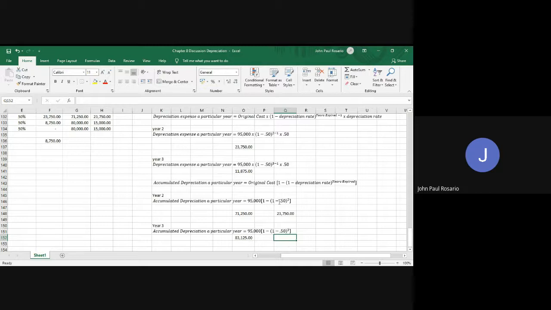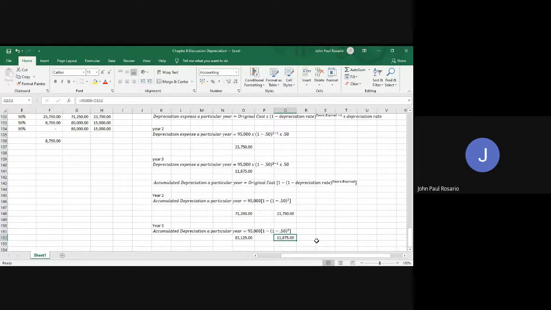However, on year 3, if we calculate our book value based on our calculated accumulated depreciation, this is below the set salvage value.